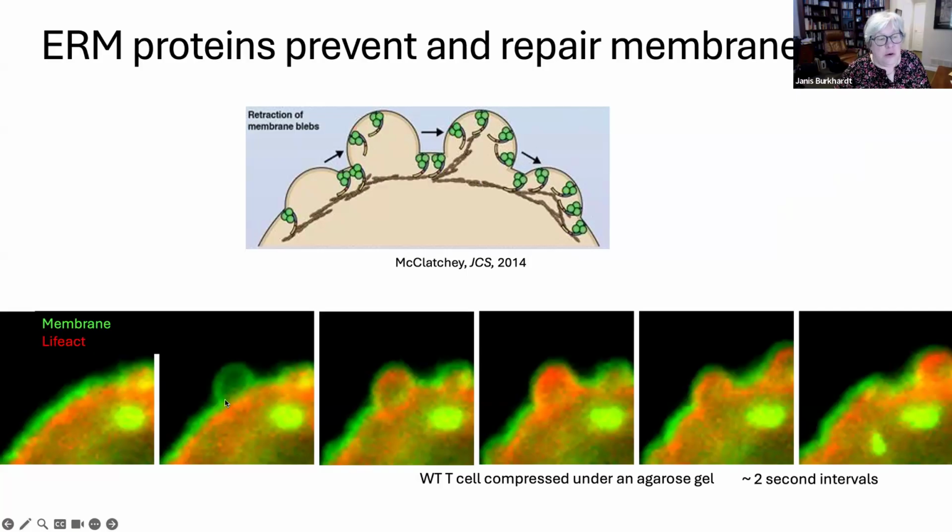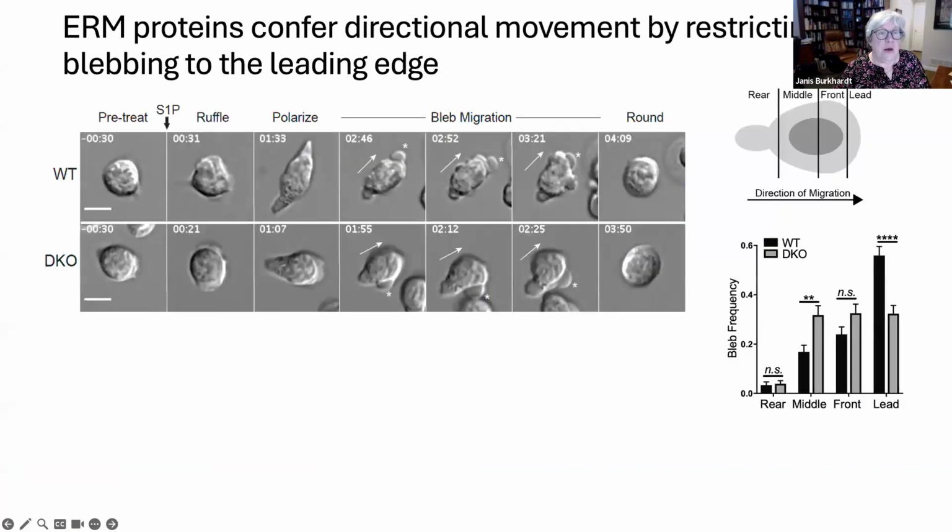The membrane is exposed, like shown here. Here's a cell that's undergoing a bleb. It's got a membrane protrusion with no actin, and then soon thereafter, the actin comes back in. And what's really happening there is that myosin is jumping on the membrane and then binding it back to actin and healing it. So Tanner looked at where and when and how blebs form in these myosin knockout T cells as compared to wild type cells.